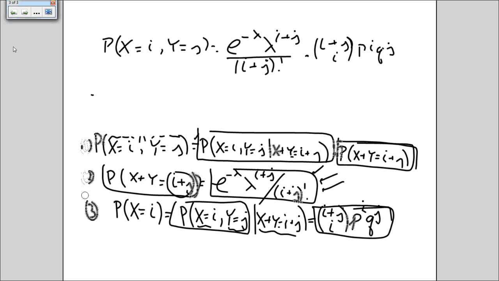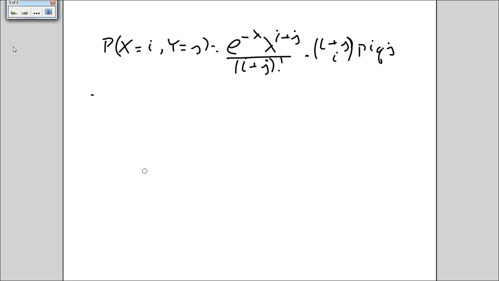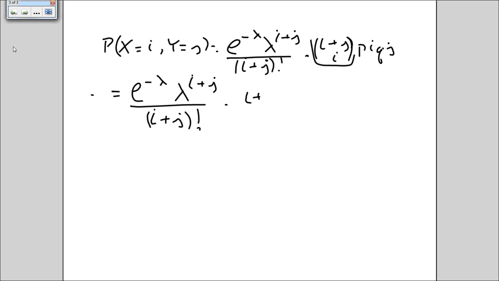Now we multiply in e to the negative lambda. Now this piece: I plus J minus I factorial in the bottom.